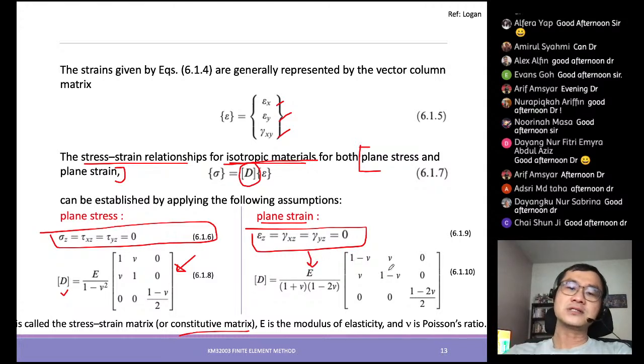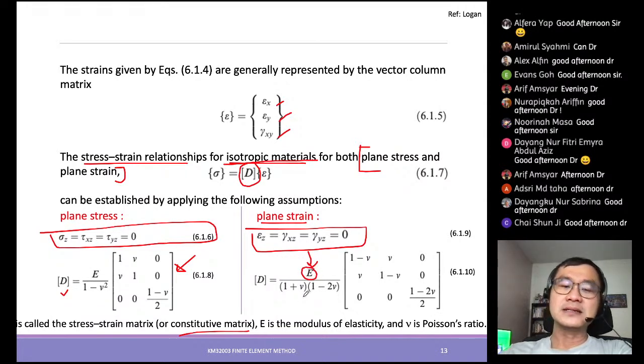Based on this constitutive matrix, you can see that the material property you need to tell the finite element software is again the Young modulus.